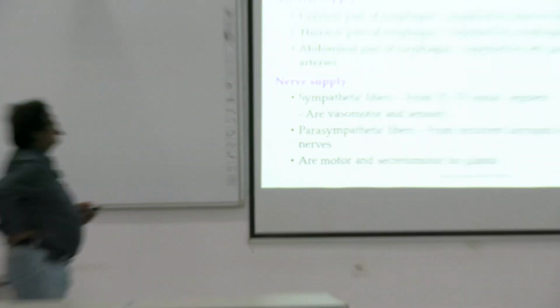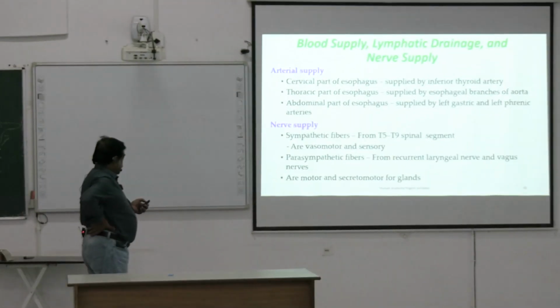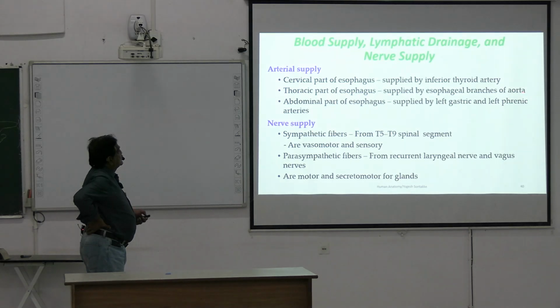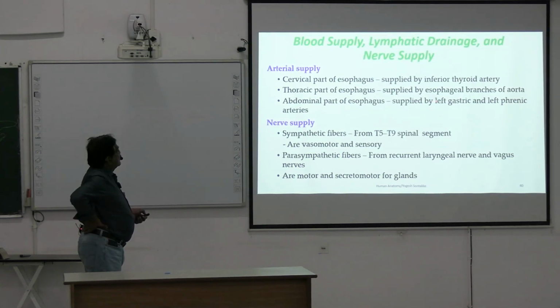Now, blood supply, lymphatic drainage, and nerve supply. Arterial supply: cervical part of esophagus supplied by inferior thyroid artery, thoracic part supplied by esophageal branches of aorta, abdominal part supplied by left gastric and left phrenic arteries.